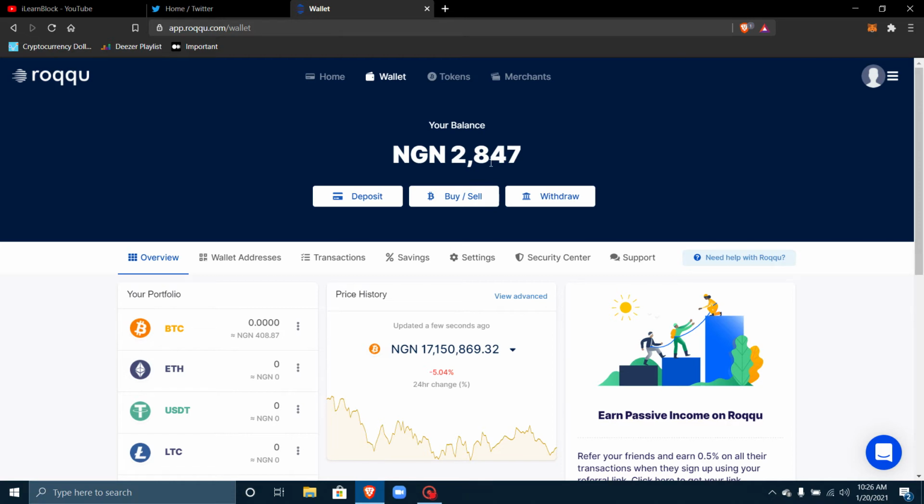Instead of saving your naira in your bank account and watching it gradually devalue over time, you can use that naira to acquire any cryptocurrency of your choice and gradually save up. So instead of hearing that the price of Bitcoin is pumping and then FOMO buying, you can always just gradually accumulate over time.